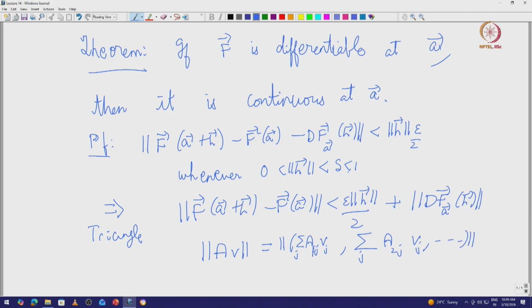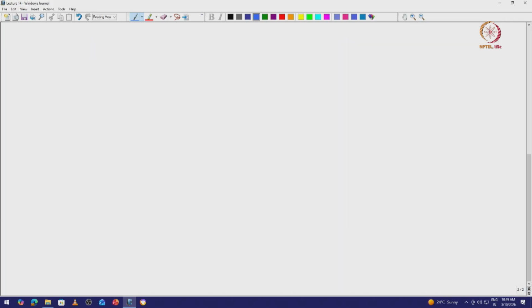Yeah? Now you can then easily say that the norm of AV is some constant that depends on A times the norm of V. Well, what sort of a constant would work?